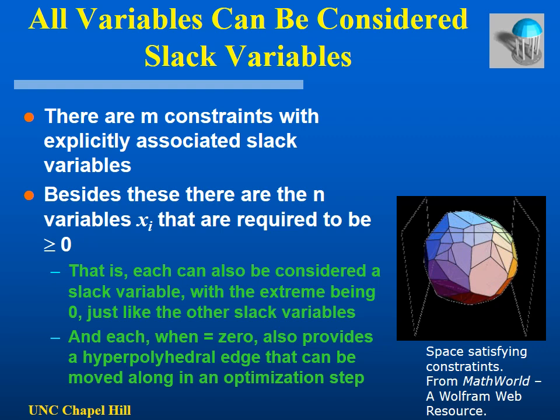And likewise, the slack variables associated with the constraints have to be greater than or equal to 0. That is, in fact, every one of the n plus m variables could be considered to be like a slack variable.